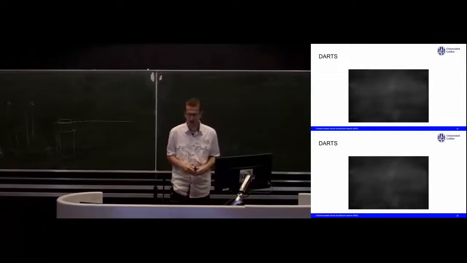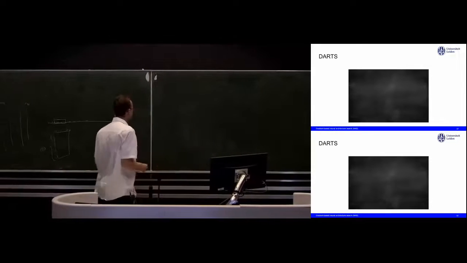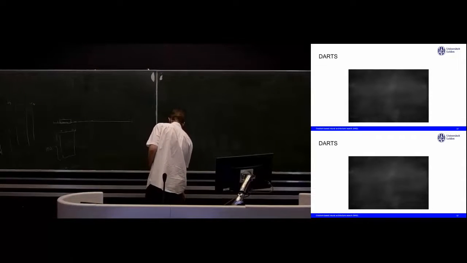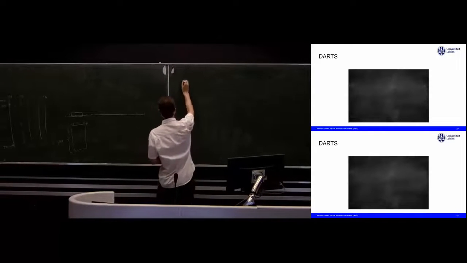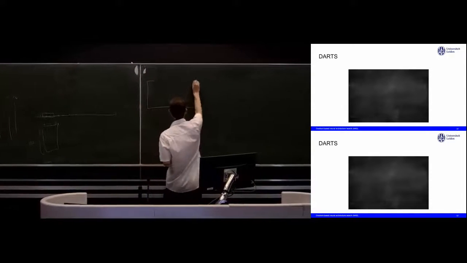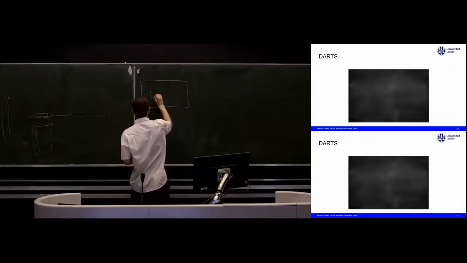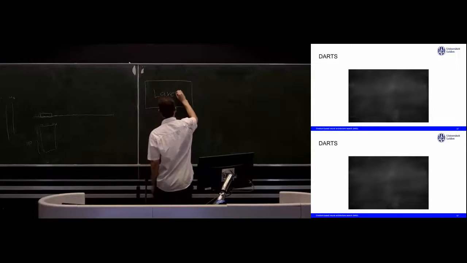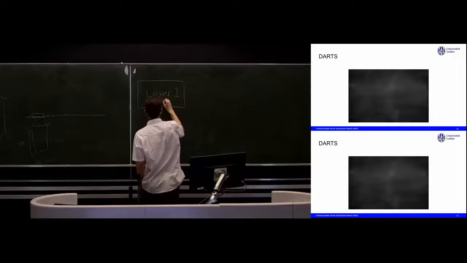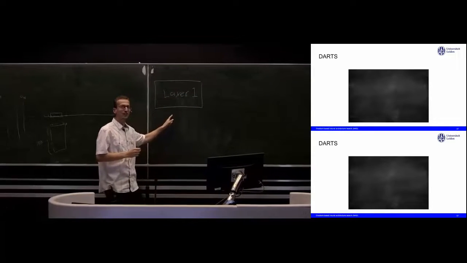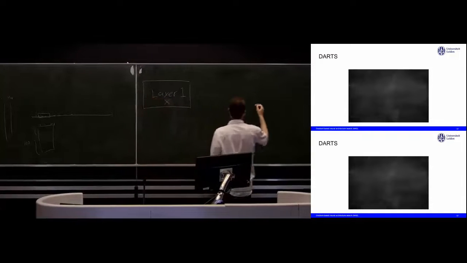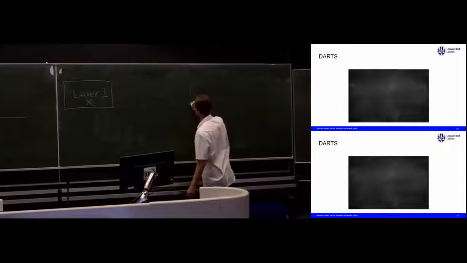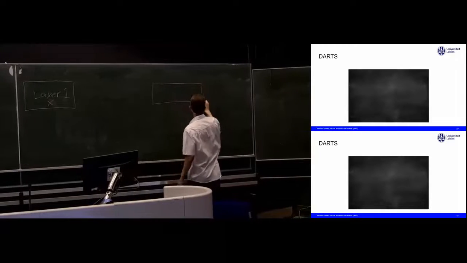All right, so now let's see on the blackboard a small example of how this works. Let's see if we can put this a little bit up. Suppose that we have one layer here. Sorry for the sound. And suppose that the activation in this layer is denoted by some x. Furthermore, suppose that we have a second layer here, which is layer 2.